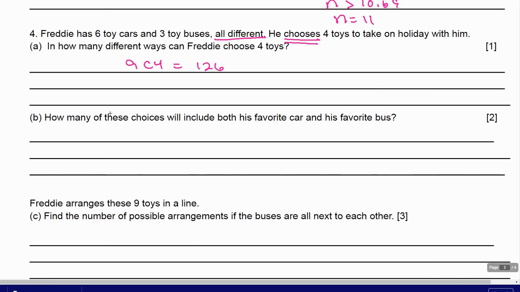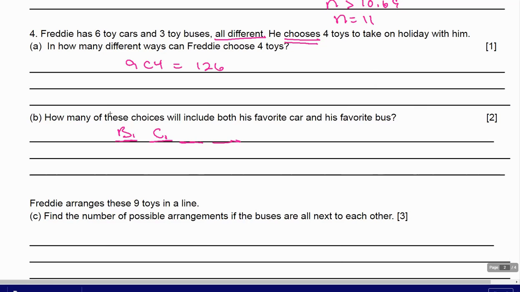Now, part B, it says how many of these choices will include his favorite car and his favorite bus. All right, so we've got 4 choices. And this one is his favorite bus. We'll call him bus number 1. And this one is his favorite car. We'll call it car number 1. Now, how many toys are left? There are 7 left.